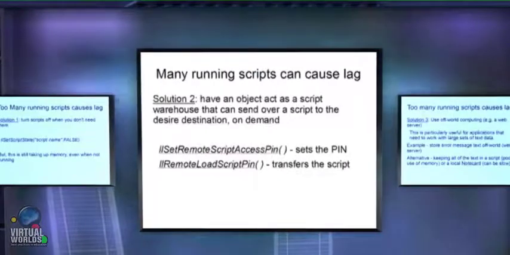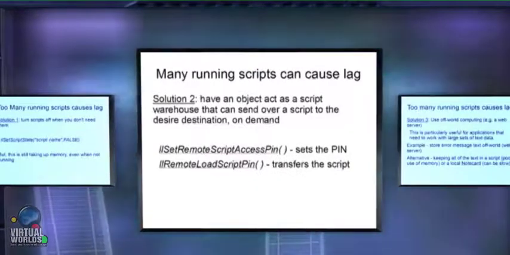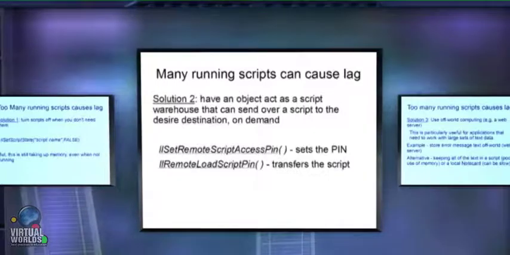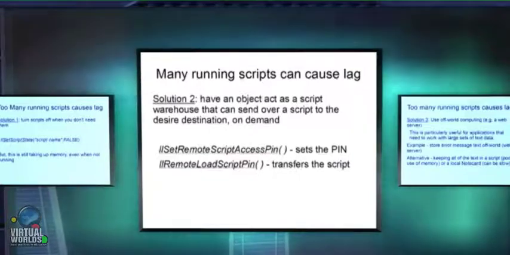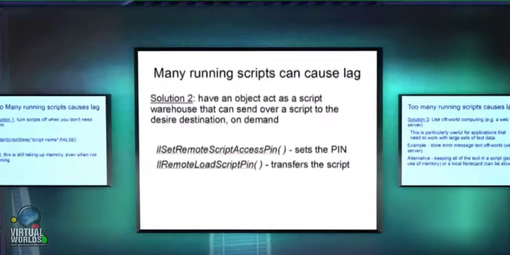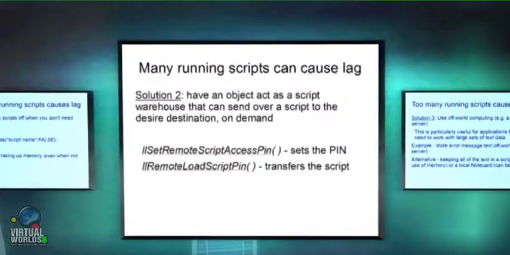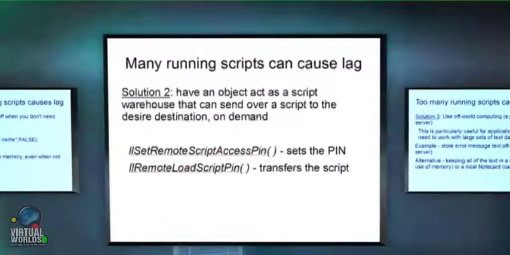You still have to have regular permissions to modify the object, but this allows you to send a script over from one object to another. It transfers the script, and then when it is injected into the second object, it will execute. It can do its work. It can talk to a manager script locally, and then it can be deleted with remove object.